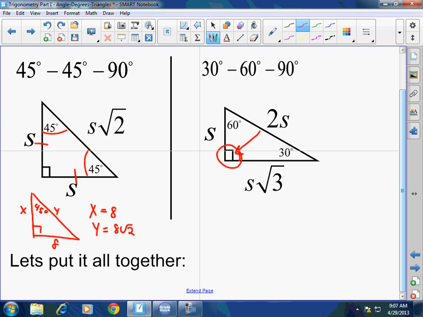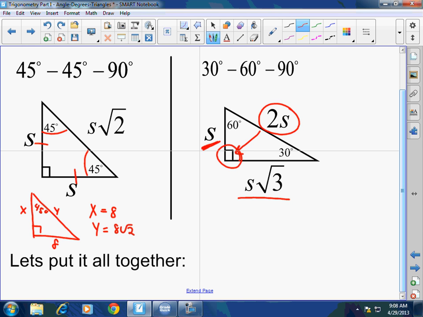Does that make sense? So the small side of a 30-60-90 is across the 30, and we just call that S. That's the smallest side there is. The hypotenuse is 2 times the side across the 30, so 2S. And the side across 60 is the side times the square root of 3.